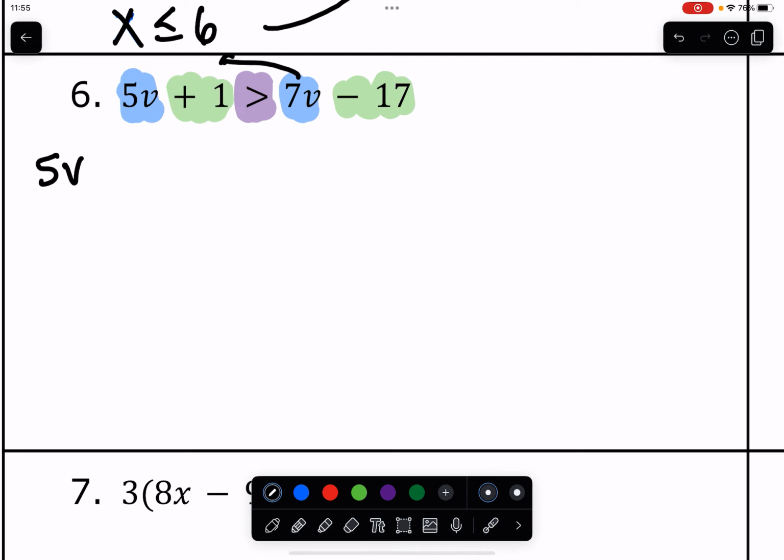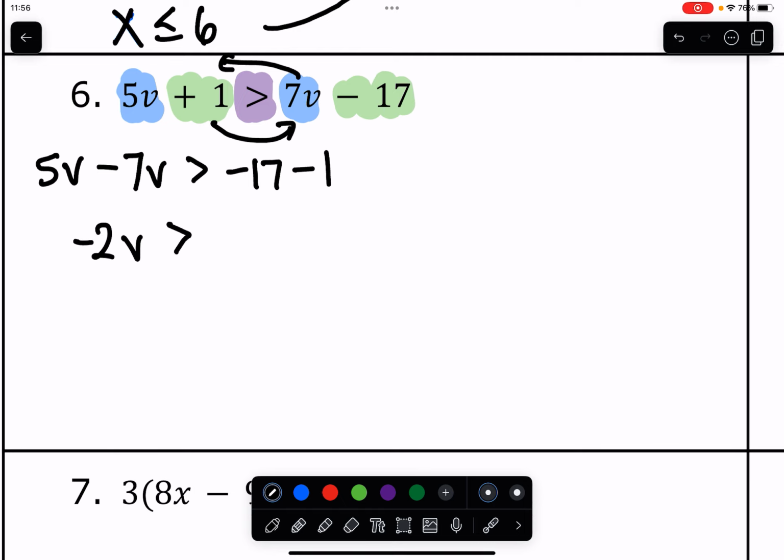The 7 needs to move over, so that's going to change to negative 7. And the 1 needs to be moved over, changing it to a minus 1. The negative 17 is going to stay as negative because you're not going to move that to the other side. Now 5 minus negative 7, that's negative 2v. And negative 17 minus 1 is negative 18.